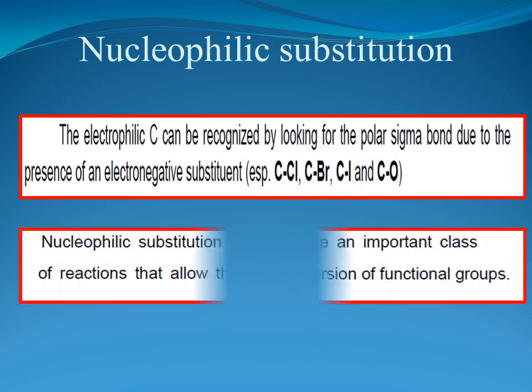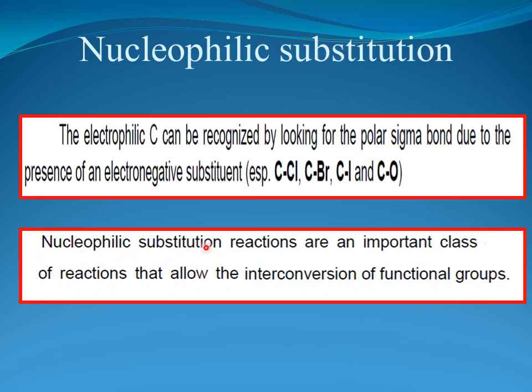Nucleophilic substitution reactions are an important class of reactions that allow the interconversion of functional groups. Why, students? Because this halogen atom will be replaced by another incoming nucleophile, giving another functional group. So these reactions are very important for interconversion of functional groups.